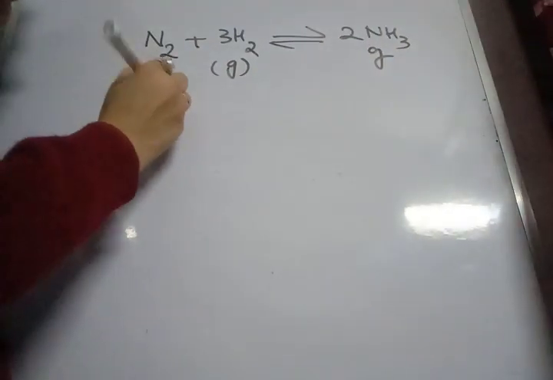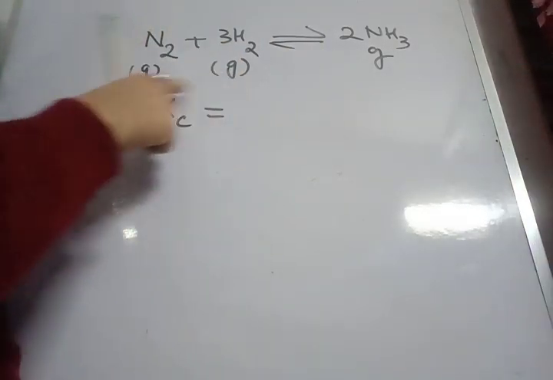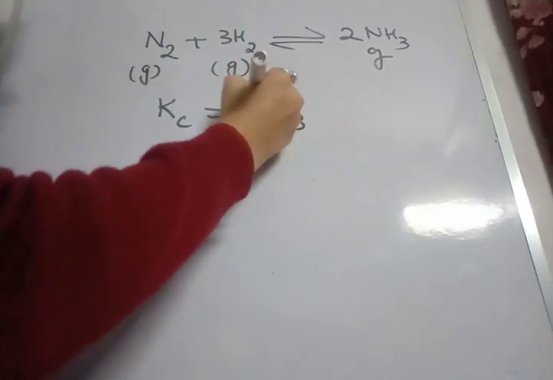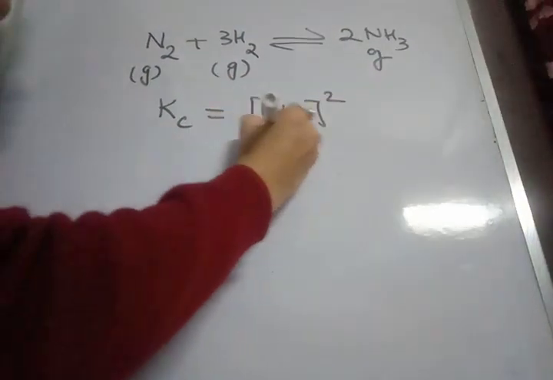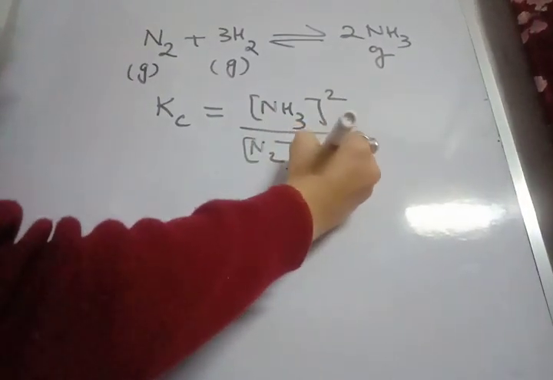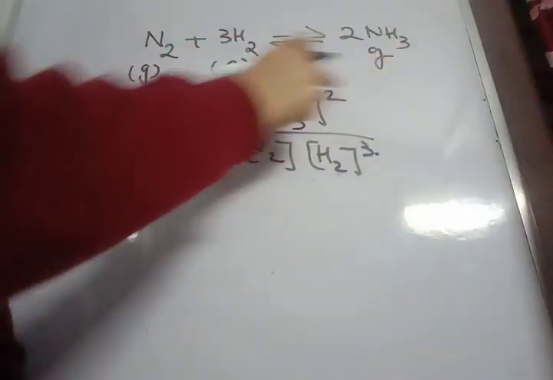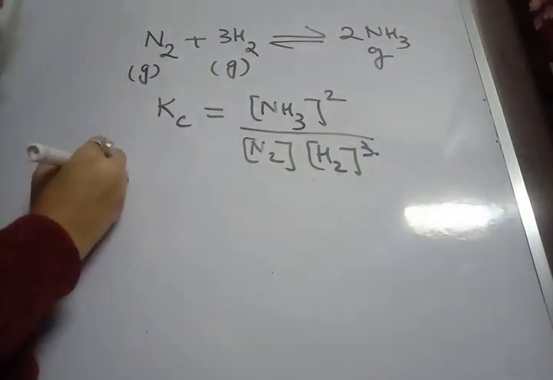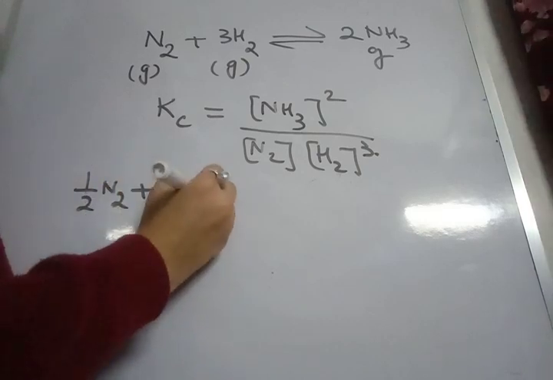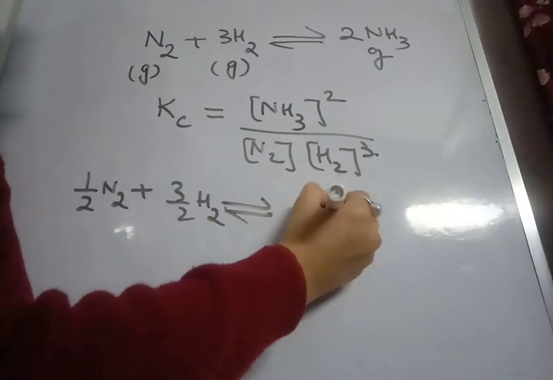For this particular equation, if I write the expression of equilibrium constant, that is Kc, with respect to concentration terms, it is NH3 squared over N2 and H2 to the power 3. Now, if this particular equation I divide by the factor 2, then half N2 plus 3 by 2 H2 reversible to ammonia.